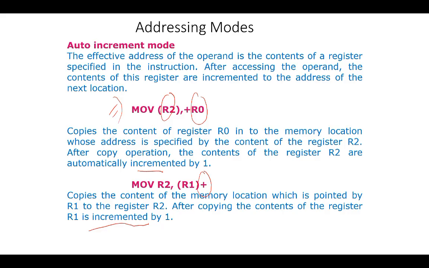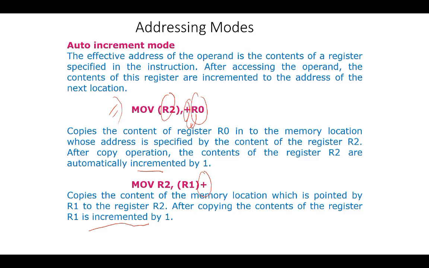After doing this copying operation, the content of the register is automatically incremented by 1. So when we put plus after the register, after copying the r0 content to r2, the r2 register is incremented by 1.